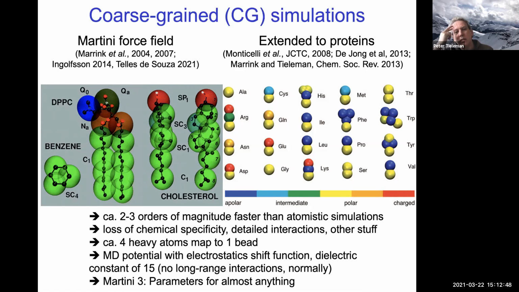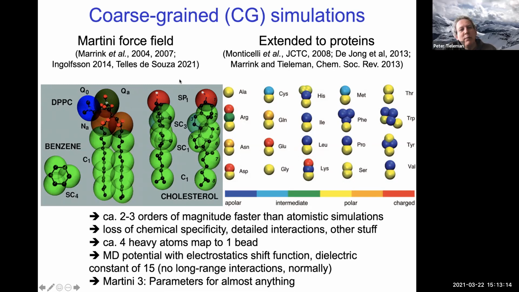If you look at this, some of the residues look the same, like isoleucine and leucine looks very similar, but if you look at the numbers, they actually are slightly different. But this is the level of resolution in Martini 2, and then some refinements in 2.1 and 2.2 with the same mapping for modeling proteins.